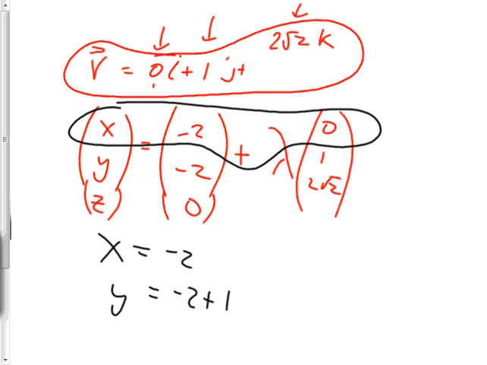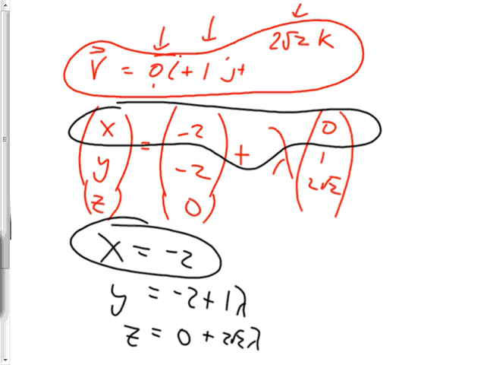At least I got 1 lambda. And the last one, z equals 0 plus 2 root 2 lambda. Raise your hand if you had those equations right. Okay, good. That's called what form? Parametric. And then the third form is just to solve each of these and get lambda out of there.